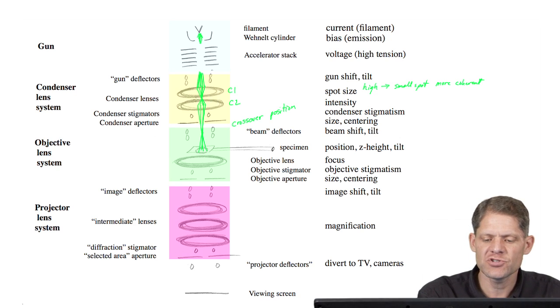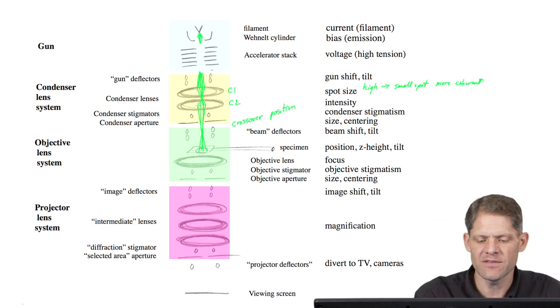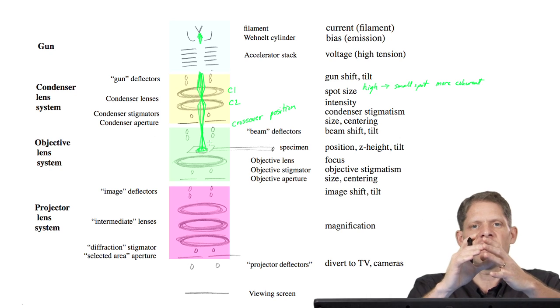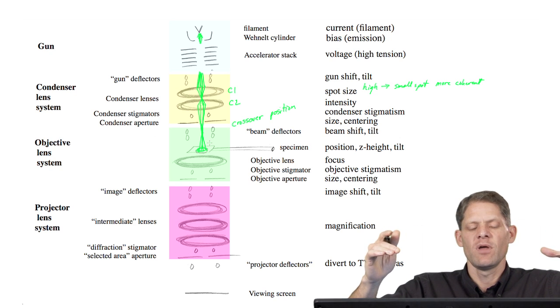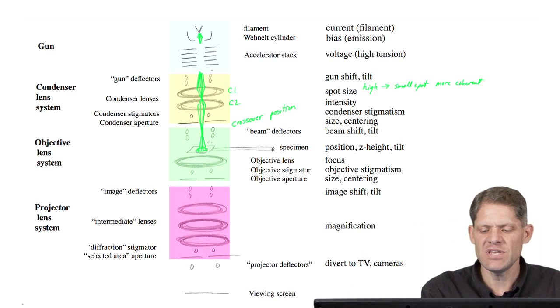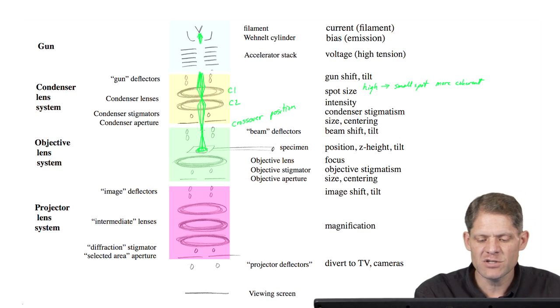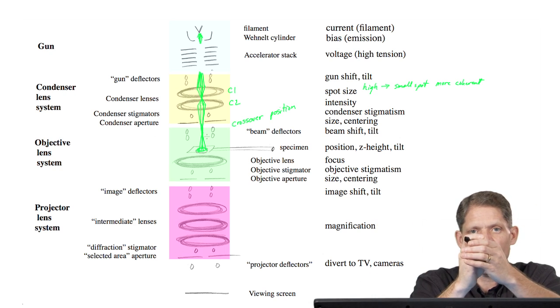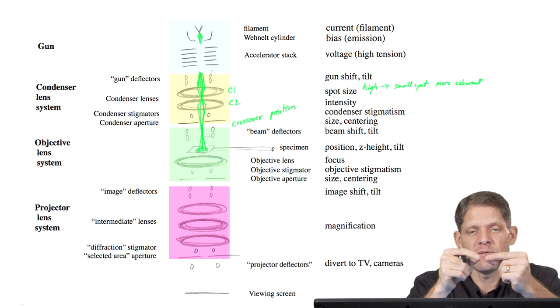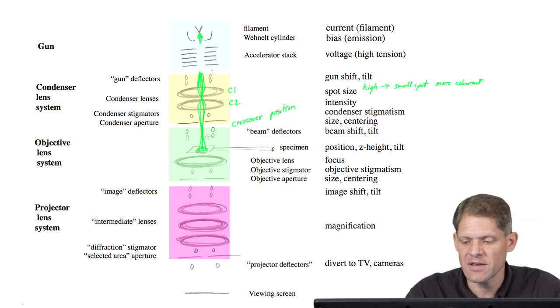And as you strengthen the C2 lens, that crossover point rises in the microscope, and you see the region of your sample that's being illuminated gets larger and larger. On the other hand, if you decrease the strength of the C2 lens, then the crossover point will drop in the microscope until ultimately it could be focused right on your sample and you see the minimum size spot that you can create.